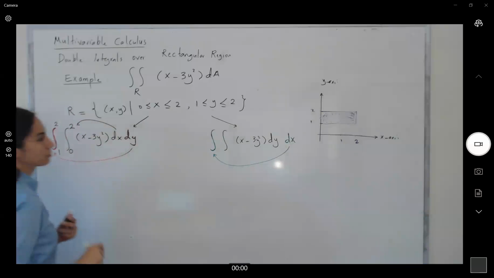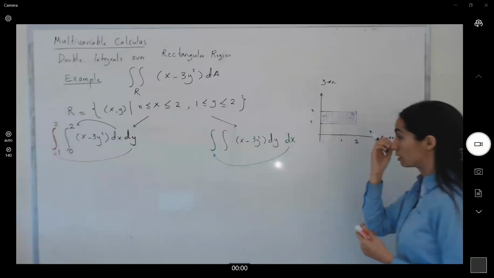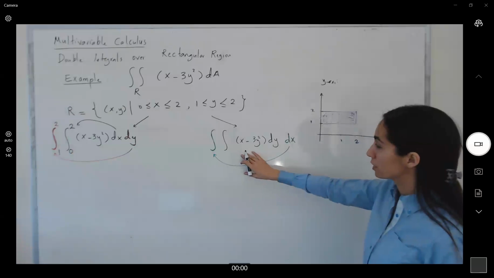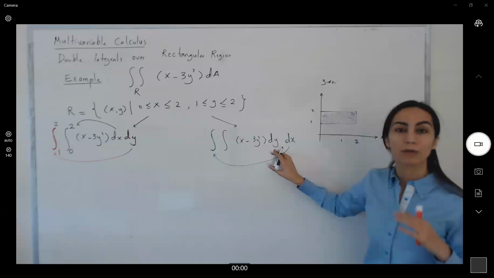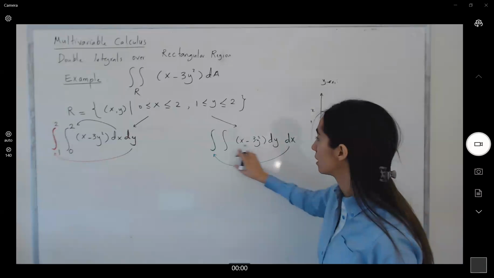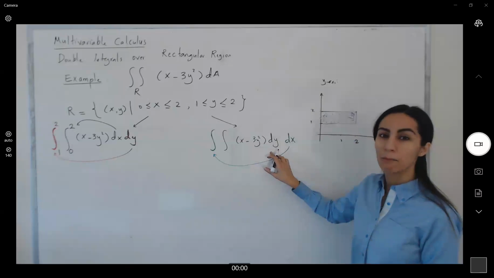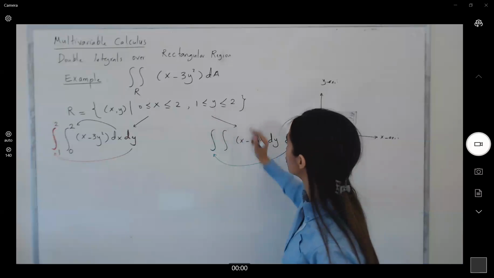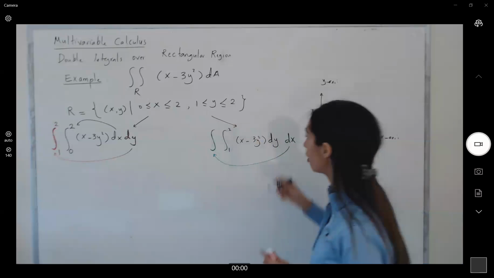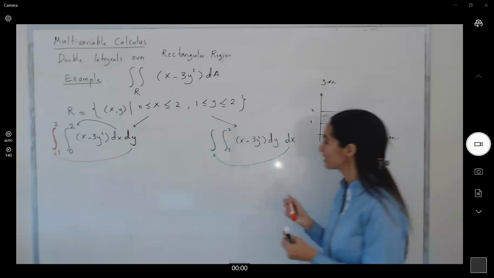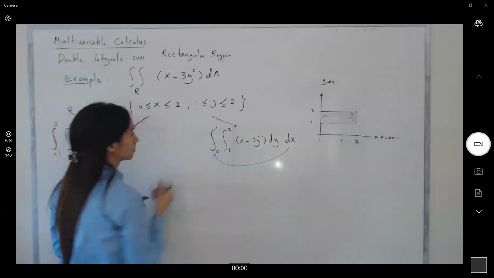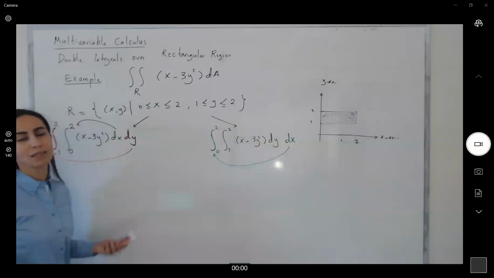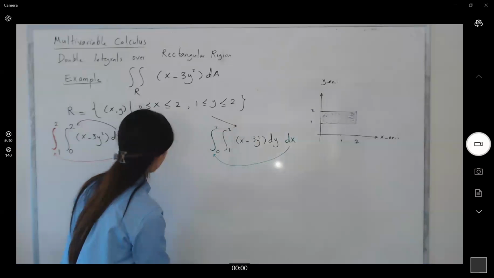If we decide to evaluate this integral by taking the integral with respect to y first, it means that the inner integral has boundary 1 to 2 and the outer integral has boundary 0 to 2. Two different approaches, the exact same result.